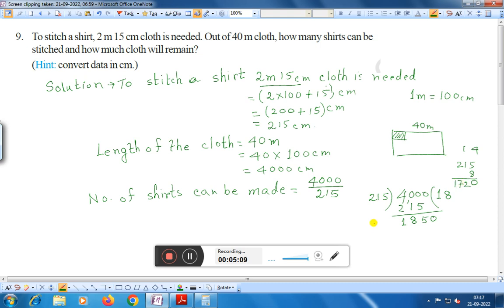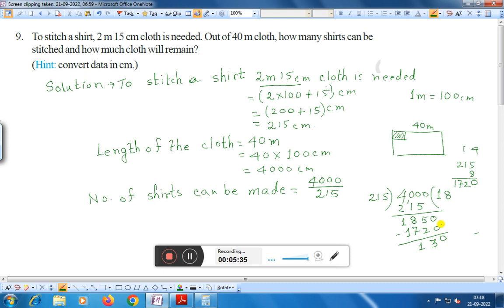That means it is 1720. Now if we subtract it, we are getting 130, right? The remainder is 130.